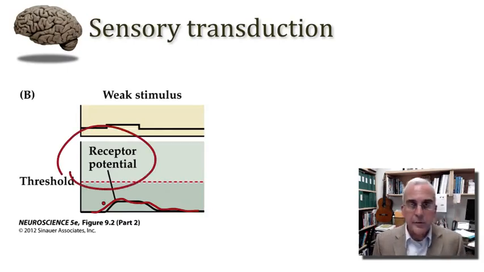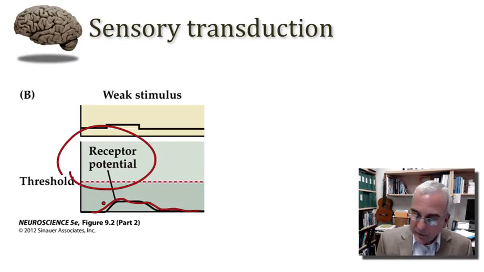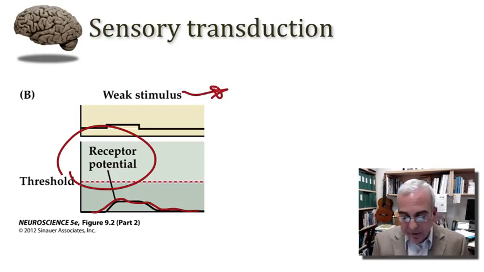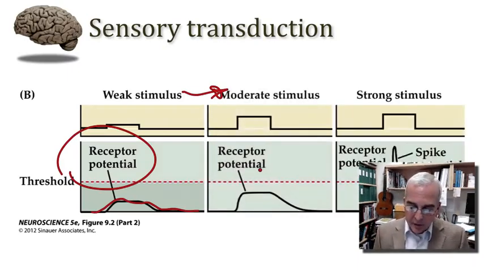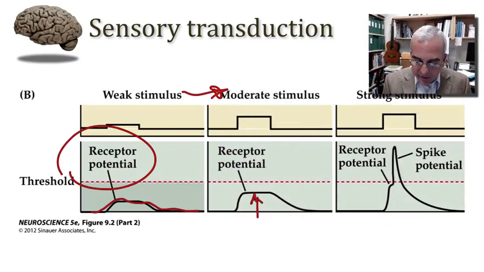We call this a receptor potential, because we're talking about a change in membrane potential in a receptor ending of a primary sensory axon. Now, if the strength of this stimulus is increased, what we would expect to see is a greater response. And indeed, that's what we see. So with the stronger stimulus, we see an increase in the amplitude of this receptor potential.